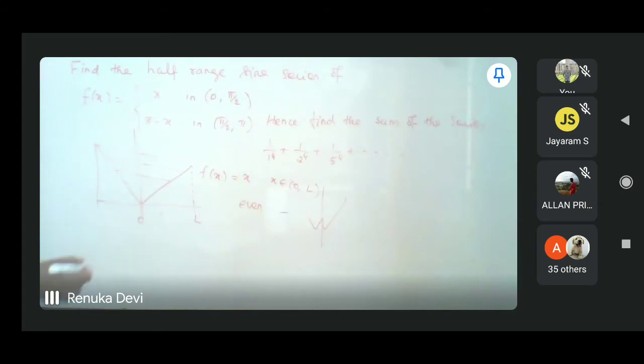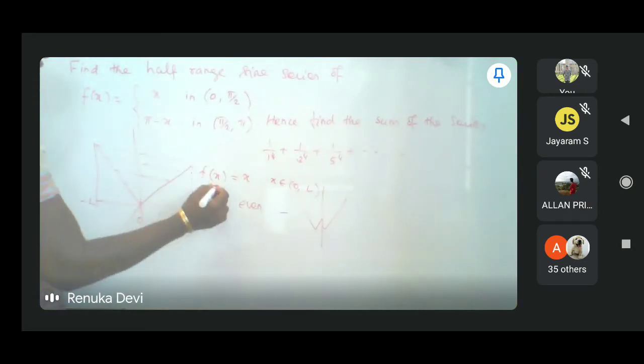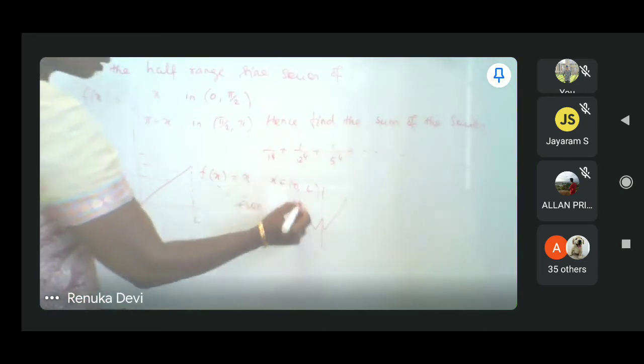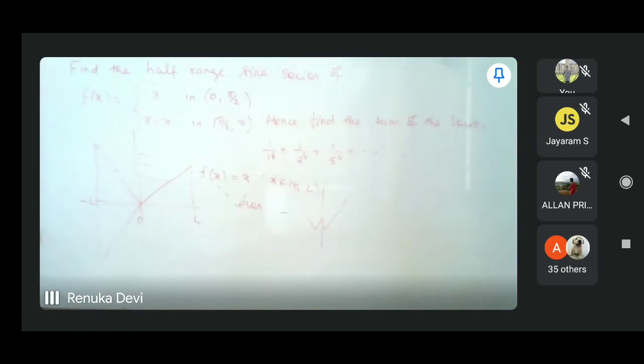Similarly, for odd extension, the graph will be like this. If you are having this here, like this. This is minus a. Then you have to do like this, the curve goes on.